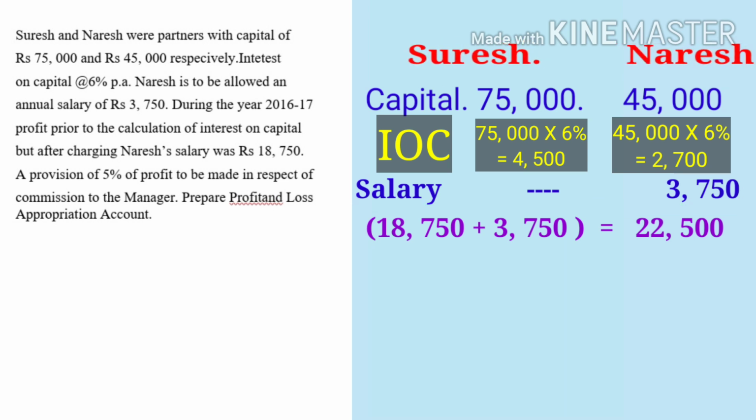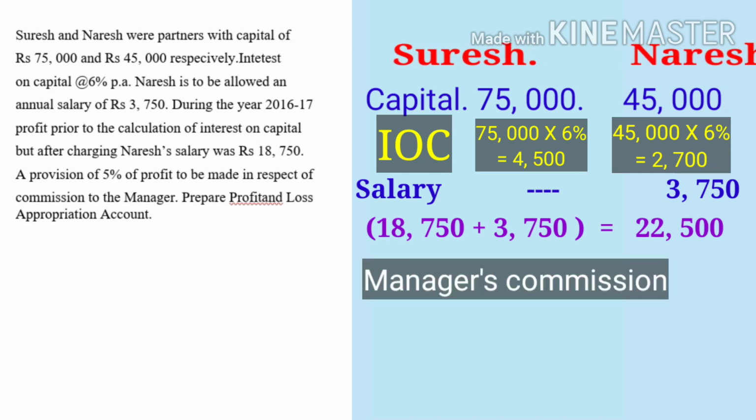Again to the question, a provision of 5% of profit is to be made in respect of commission to the manager. In the previous section, I have already told you that only the expenses relating to the partner will be made in this type of account. But here, we have an expense related to the manager. This we cannot show in the profit and loss appropriation account, but we can show it as a working note.